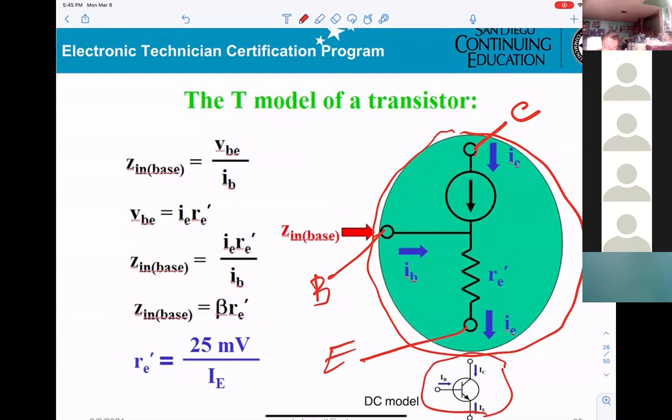You draw from the collector to the base right here, and you get the current IC, a current source, right here. And from the base to the emitter, you don't see any more diode. You substitute it with R prime E. That means there will now be a resistance from the base to the emitter, calculated by this formula for the transistor. Okay, they make the transistor, they make it. We don't make it.